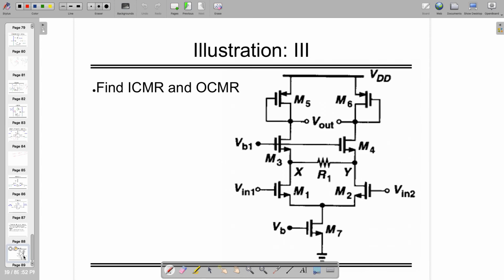But now let's take one example and you need to find out ICMR and OCMR.